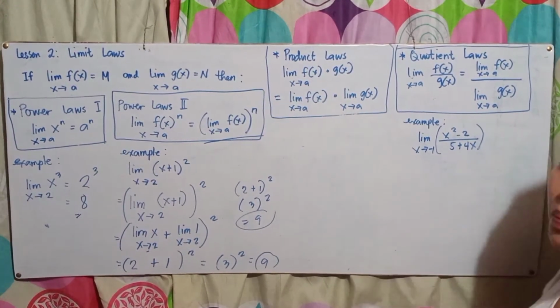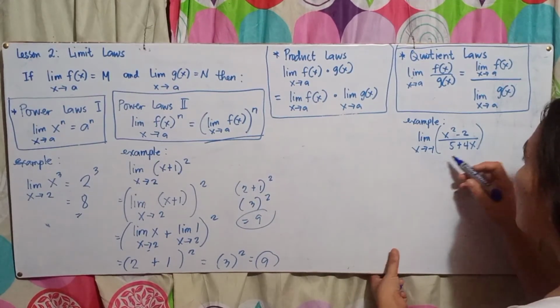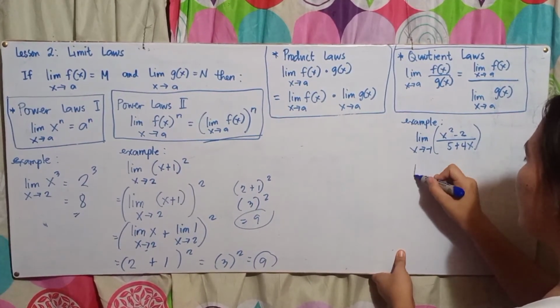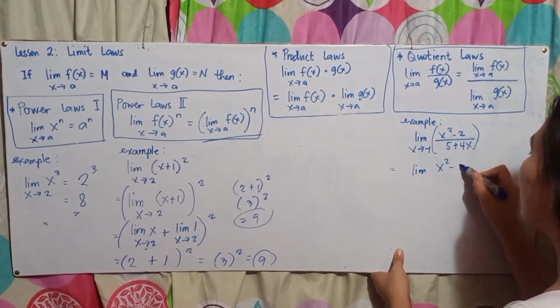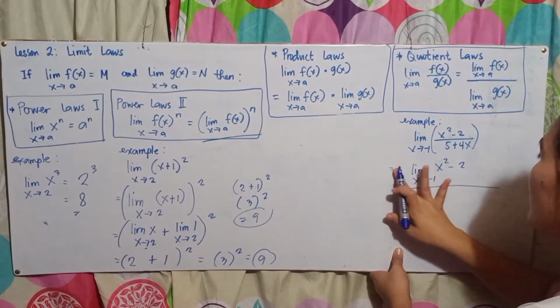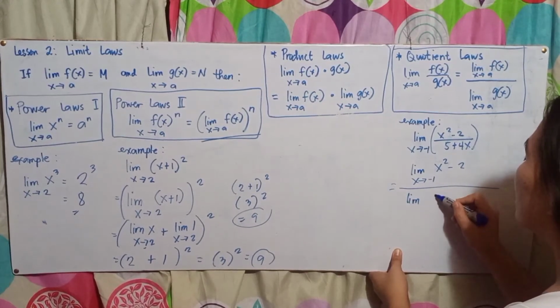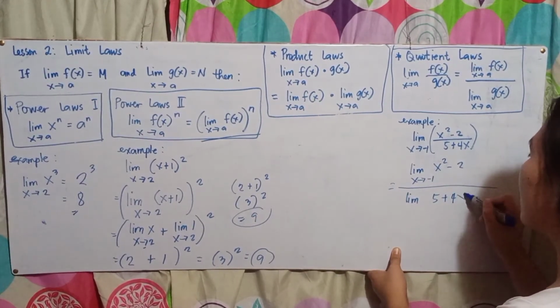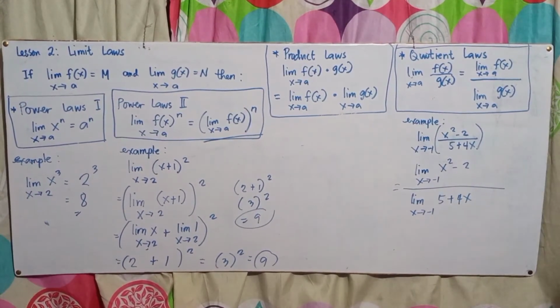So, ito yung proper process using limit laws. Okay, so limit of x squared minus 2 as x approaches to negative 1 divided by limit of 5 plus 4x as x approaches to negative 1.